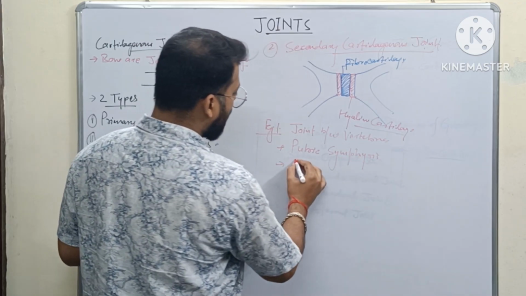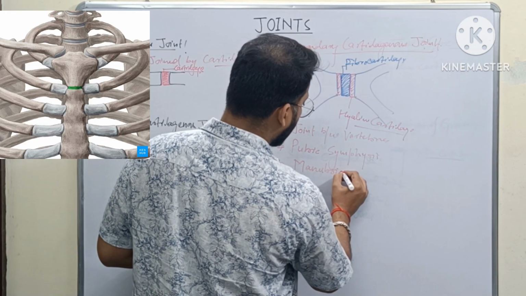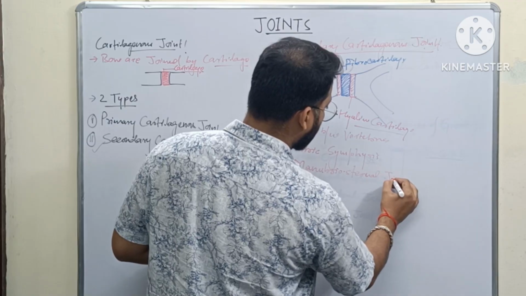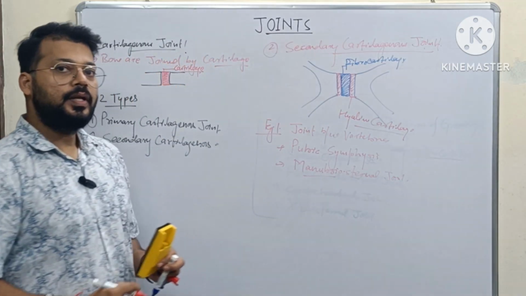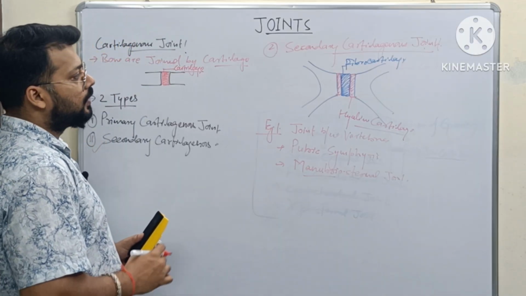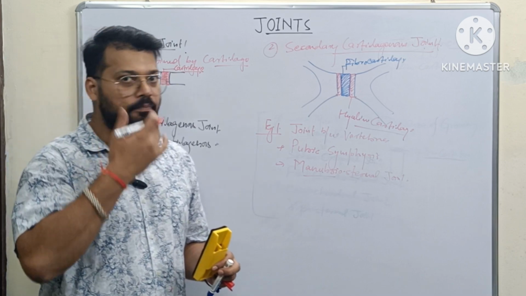Next example is manubrio-sternal joint, means joint between manubrium and body of sternum. ये जो secondary cartilaginous joint होते हैं, it is present in the median plane.